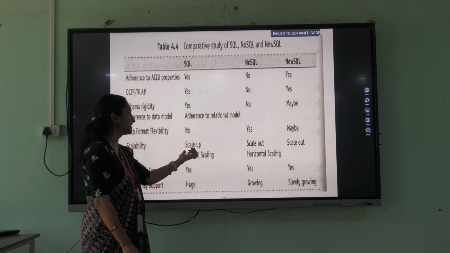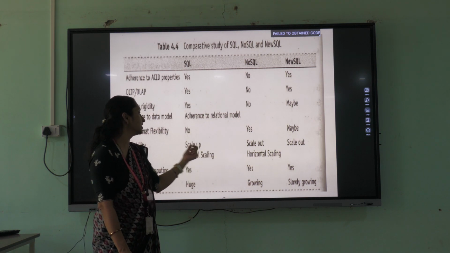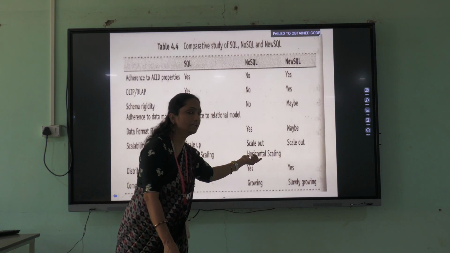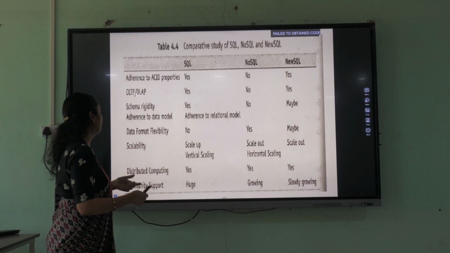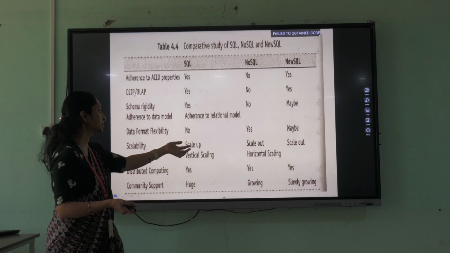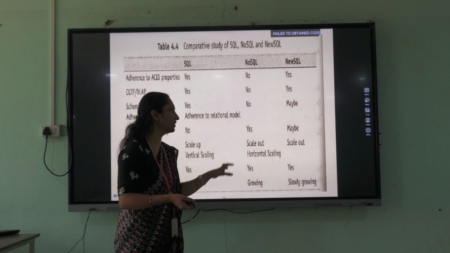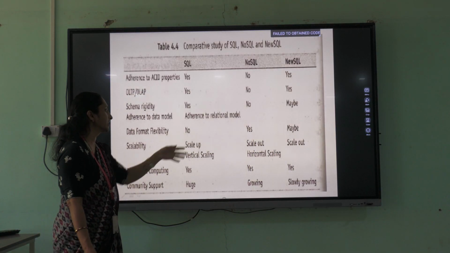As I told you, the system's capacity gets increased. Instead of increasing the number of servers, it is increasing the single server's capacity. Horizontally scalable means you are taking a number of servers for our application. If the data increases, we add servers instead of increasing the capacity of the existing server. This scale-out architecture is maintained the same as in NoSQL.